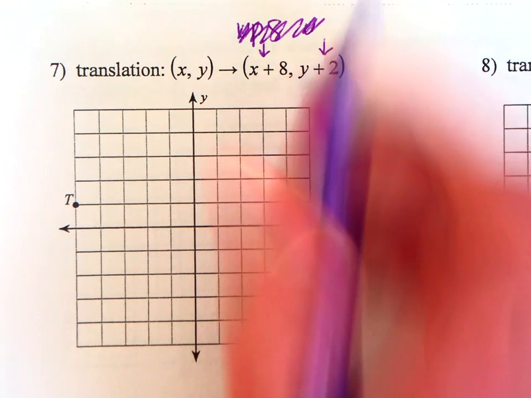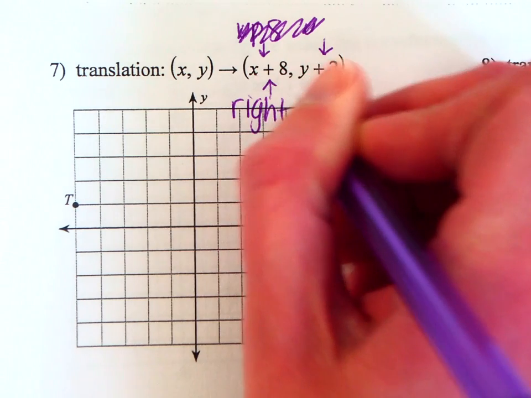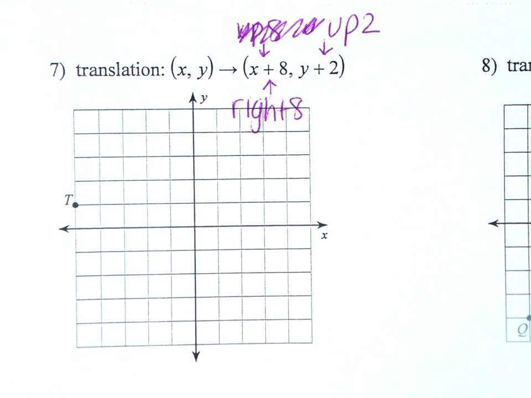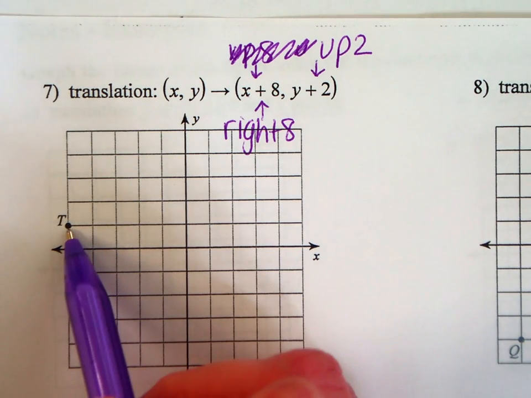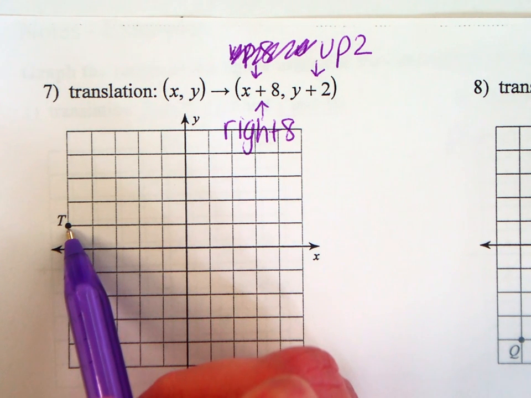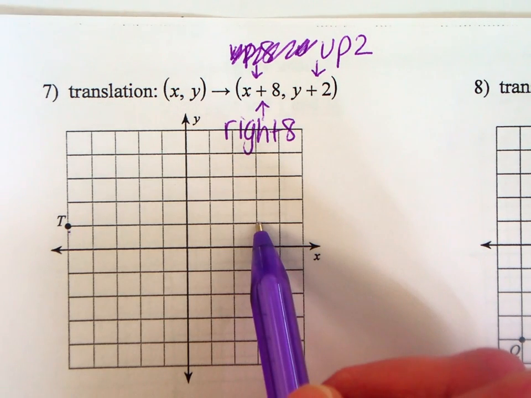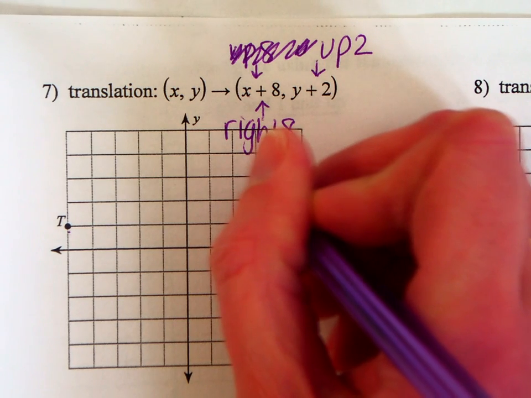So this is telling me I'm going to go to the right 8, and then up 2. So take T, we're going to go right 8, and then up 2. And that's where our new point is, label that T prime.